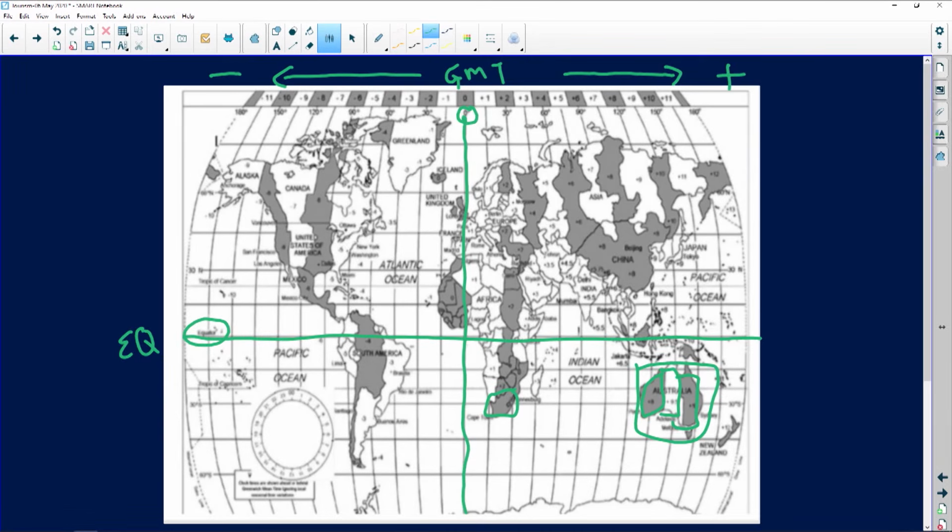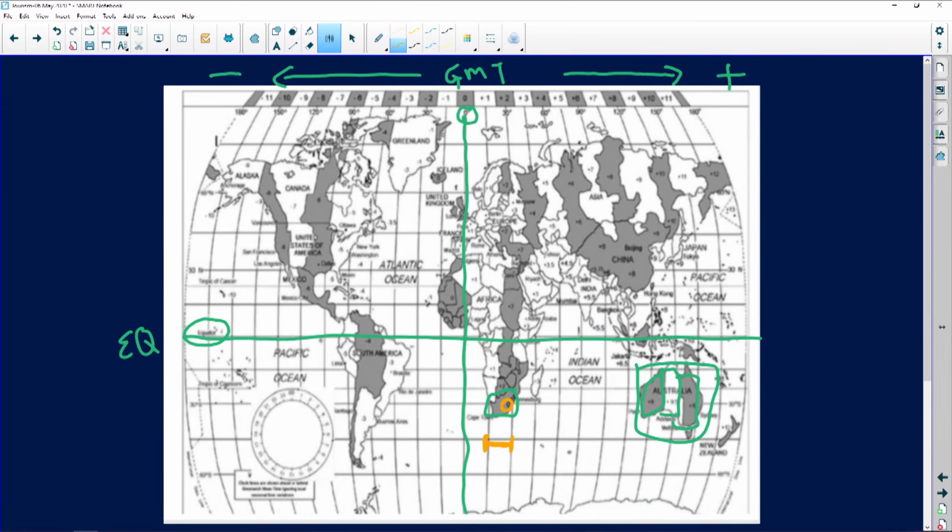We are in South Africa. We want to know what's the time zone of South Africa from the GMT. So we've identified South Africa. South Africa is over here. We go all the way up, and you'll see there's a line and there's a line. Those are 2 longitude lines, so the space between this line is our time zone.